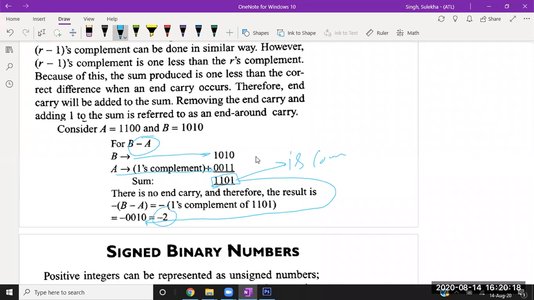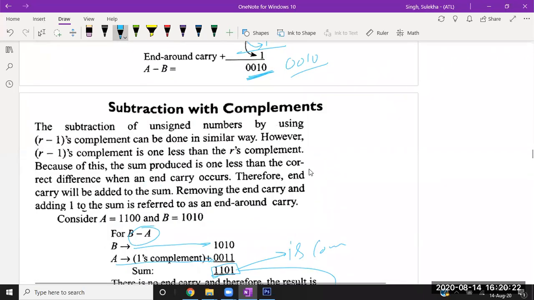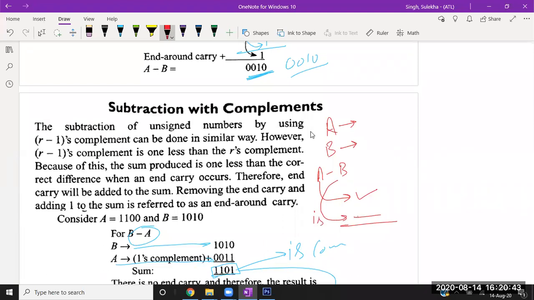Okay, so in this way you can say that if I have two numbers a and b, and I don't know whether a is greater than b or b is greater than a, what I will do, if I need to do a minus b, I will take a as it is, I will take one's complement of b, and I will add them.